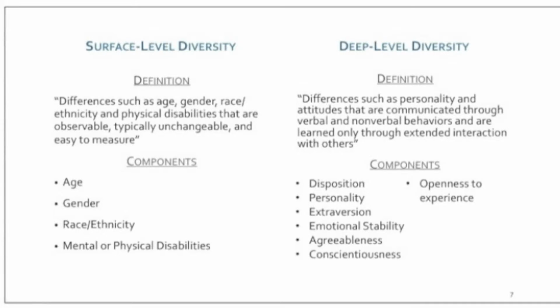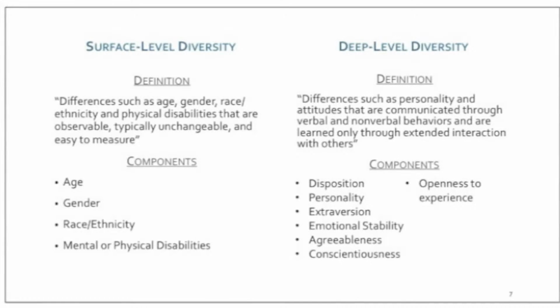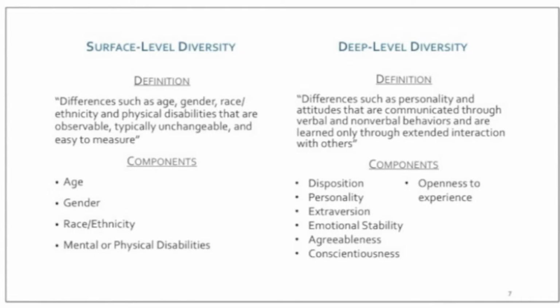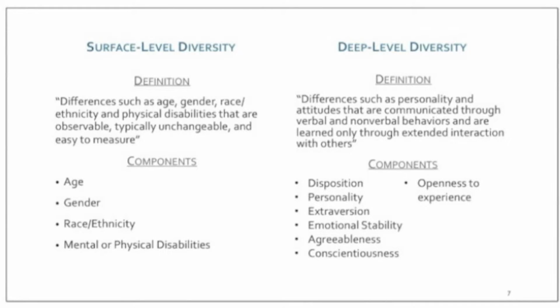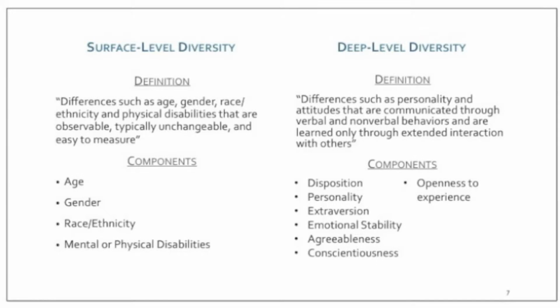So this brings me to differentiate both surface level diversity and deep level diversity. We talk about surface level diversity as the differences such as age, gender, race or ethnicity, and physical disabilities that are observable, typically unchangeable and easy to measure.